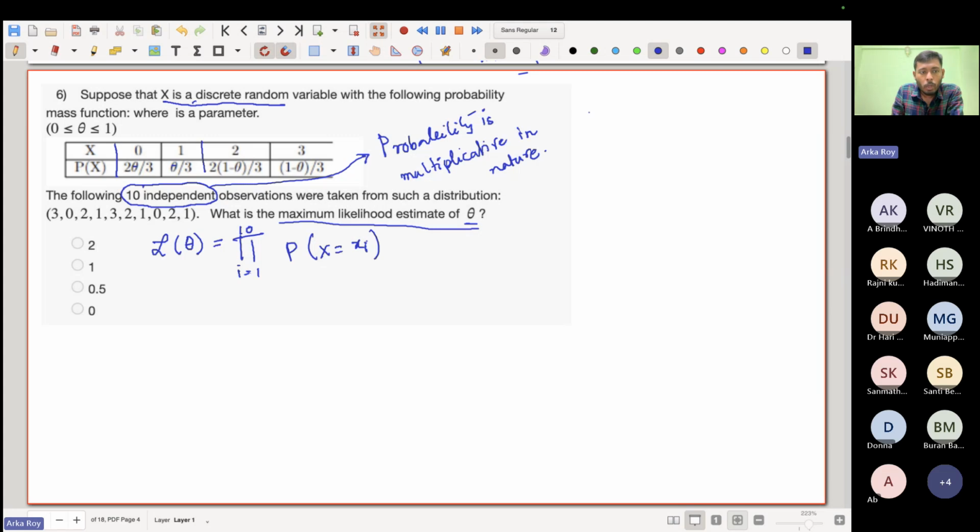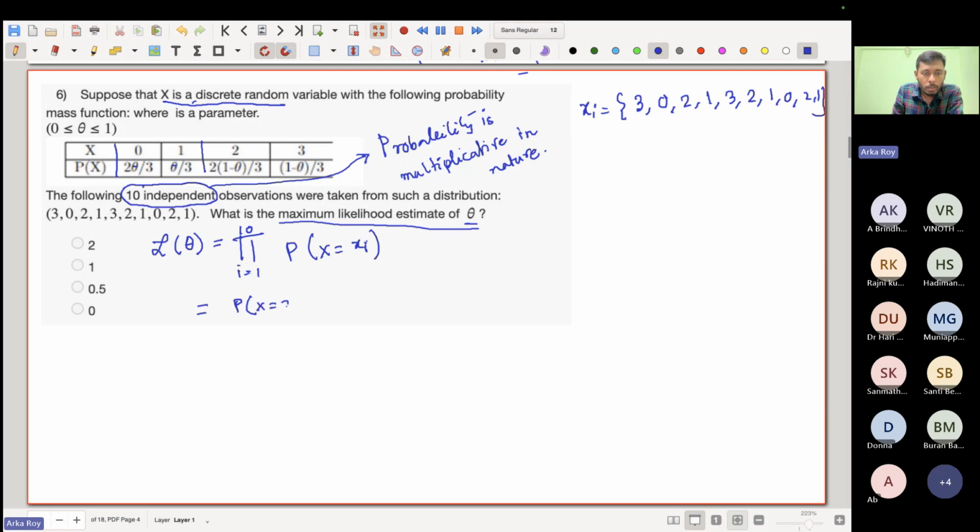Now the small xi is basically a set of points like 3, 0, 2, 1, 3, 2, 1, 0, 2, 1. If I expand this form, it would be the multiplication of all such points.